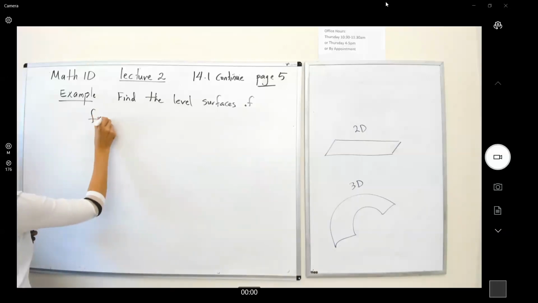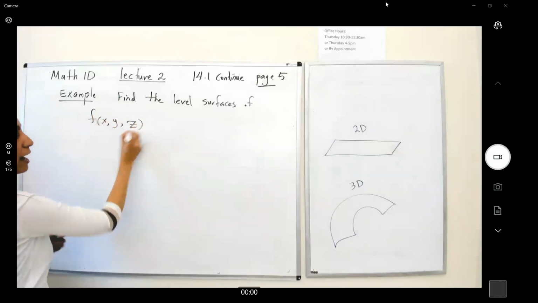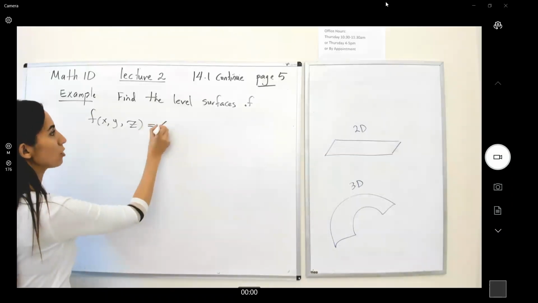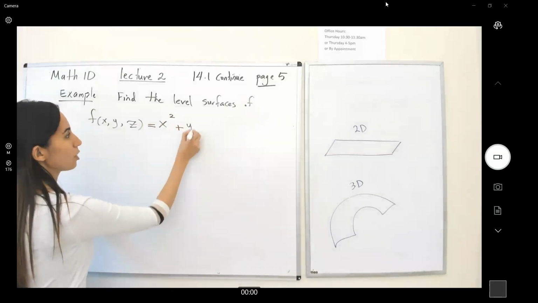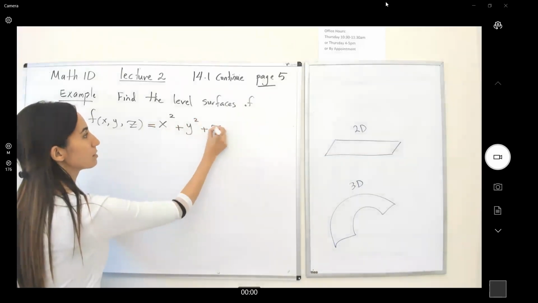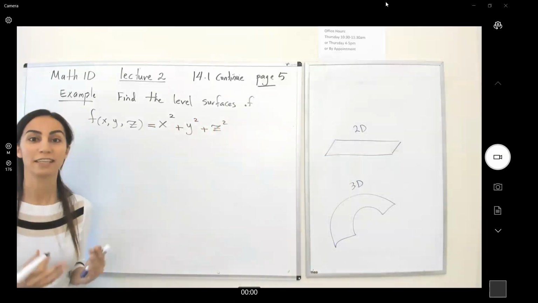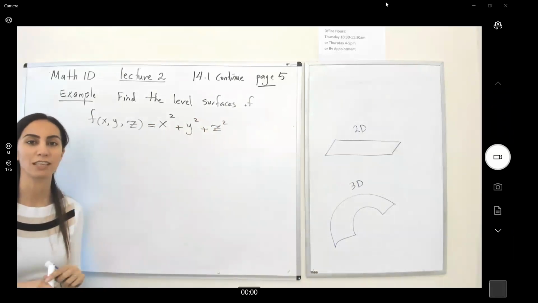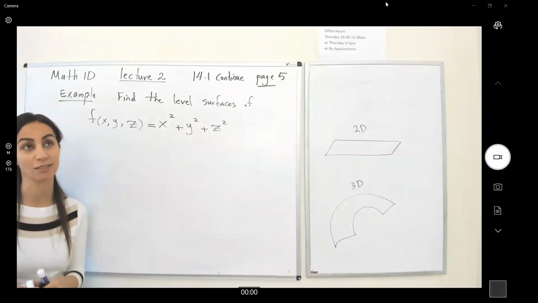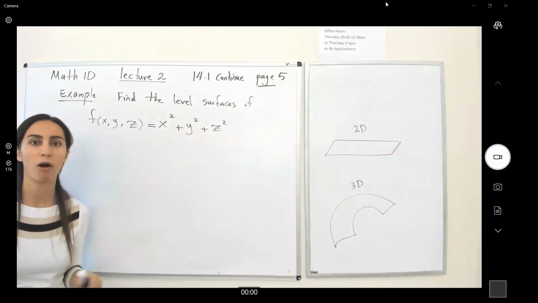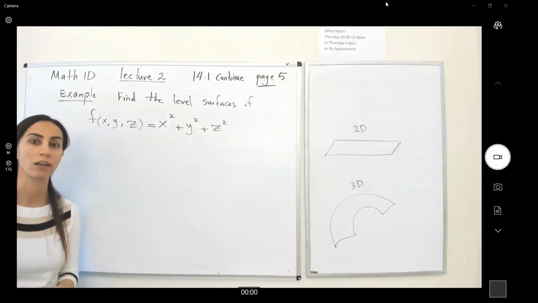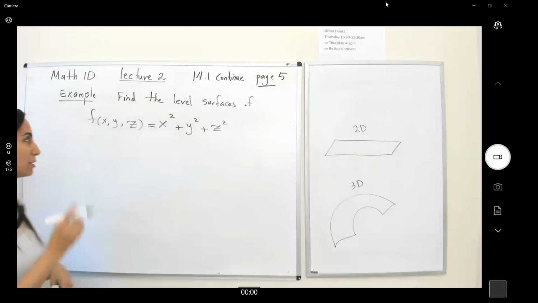F of x, y, and z. As you can see, you have a function in 3 free variables, and it is equal to x squared plus y squared plus z squared. Guys, again, this function is one that you can visualize in 4-dimensional space, which is very hard. Not impossible, but we need computers with very high speed. Okay.